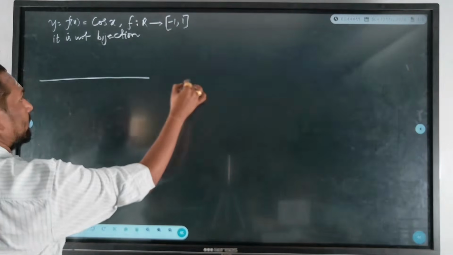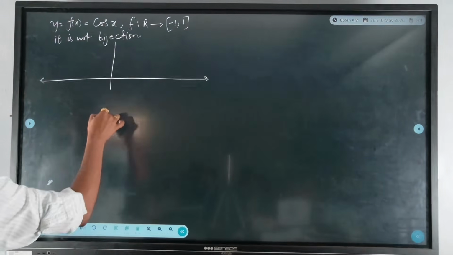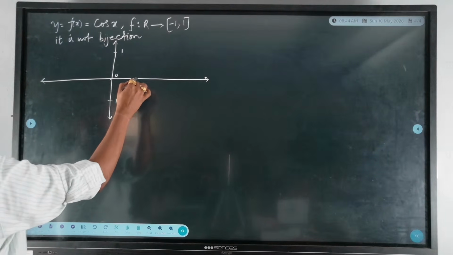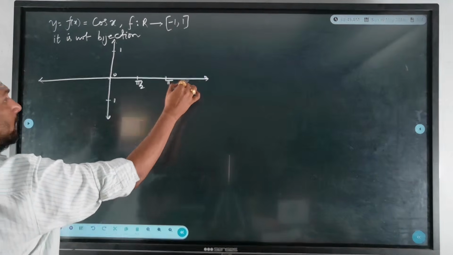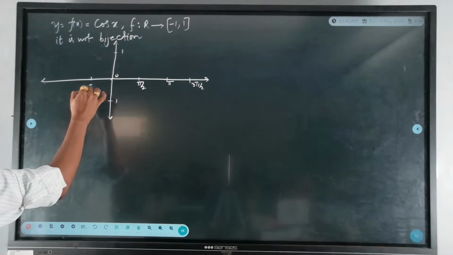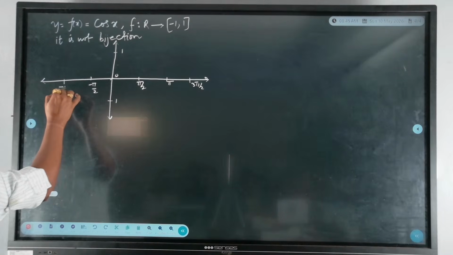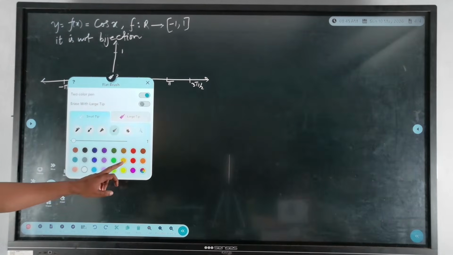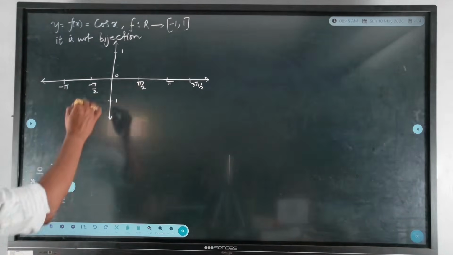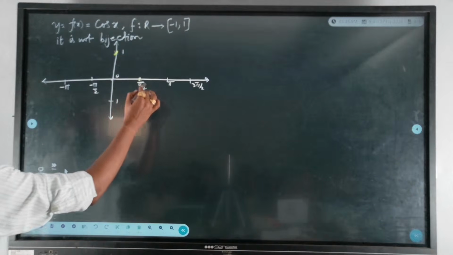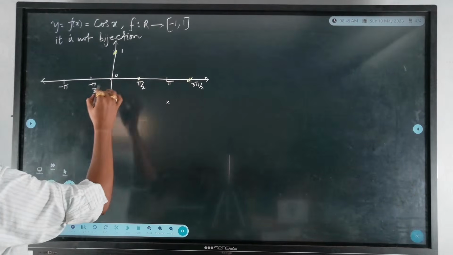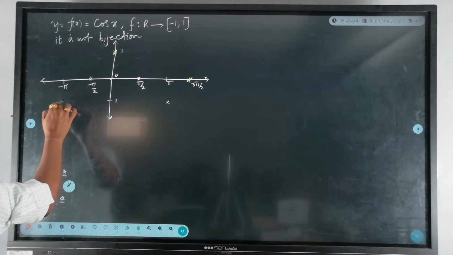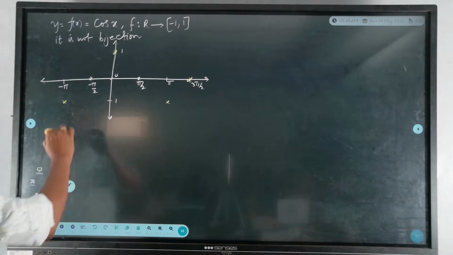Because cos 0 is 1, cos 90 is 0, cos 180 is minus 1, cos 270 is 0, and so on.